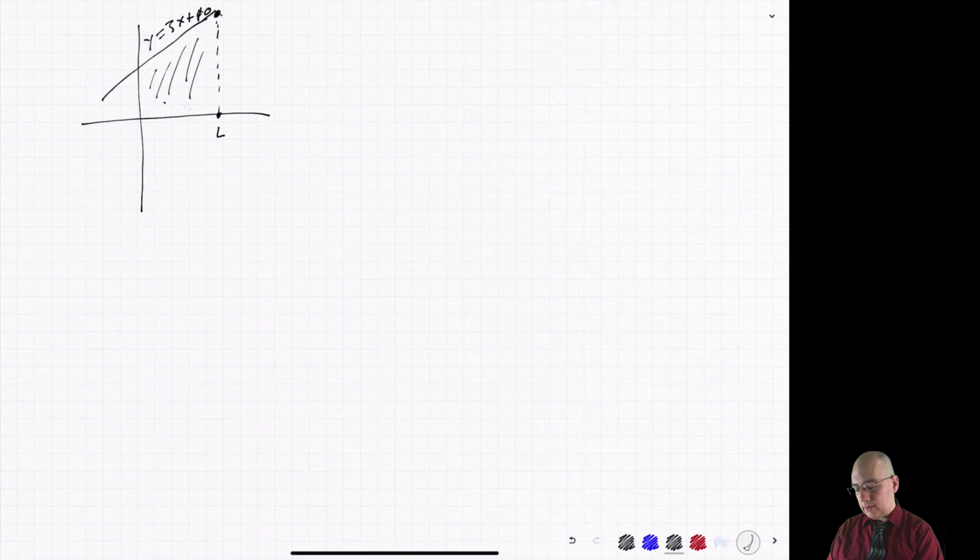We want this area to be, let's say, 70. I like 70. Now, there should probably be some units, 70 square feet, 70 square meters, something like that.